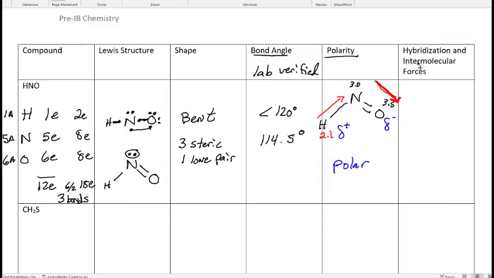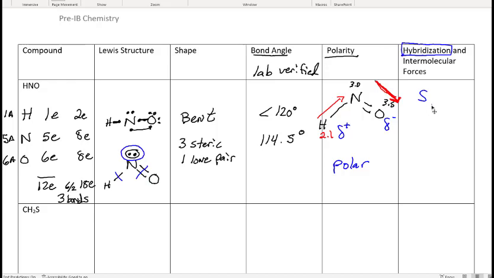So now this hybridization thing. Hybridization is based on its shape and how many different things are involved in the bonding. So here, notice we have 3 areas of electron density. So as far as my bonds, one of them is going to be using an s orbital in order to create one bond, what we call a sigma bond.